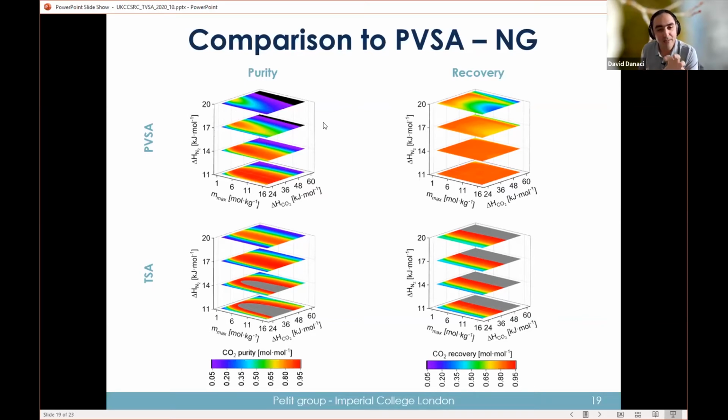And the reason why you see those in the PVSA case is if your heat of adsorption is very high for PVSA and you apply vacuum and desorb the gas, you cool the bed too much and your working capacity suffers. So this highlights that you have a wider degree of freedom, or wider range of useful materials to employ, in TVSA or TSA.